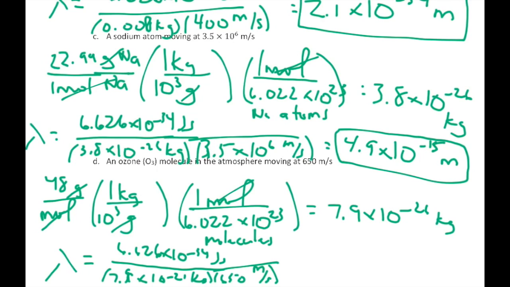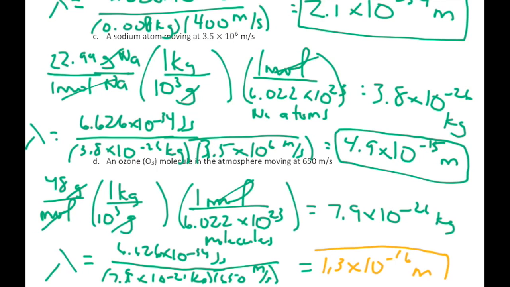So plugging all that back in. Doing all the math. We will get 1.3 times 10 to the negative 16th meters.